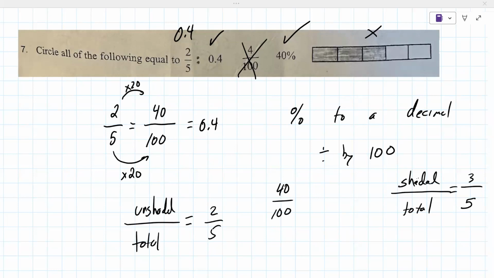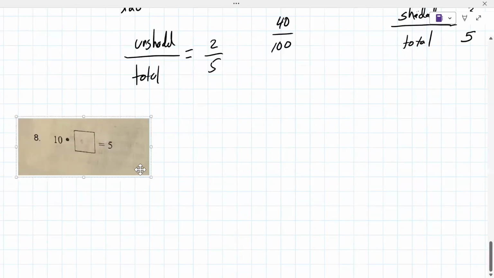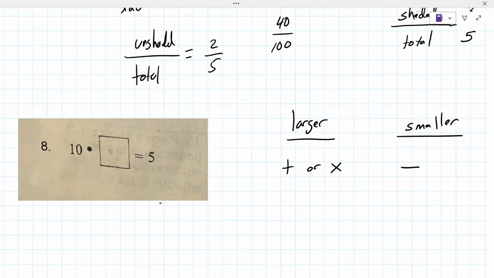All right, so number eight here. There are two math operations that make things larger. If you want to get a larger number, you either add or you multiply. Smaller, you subtract or divide. And that's multiplying, because that's the dot.